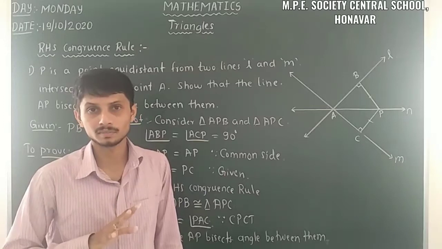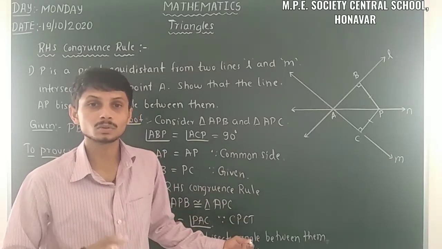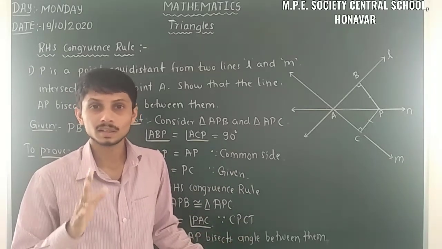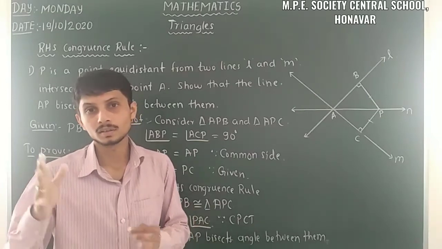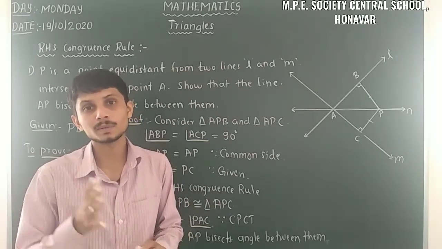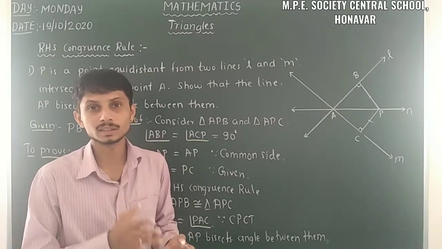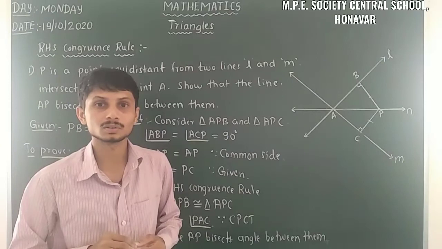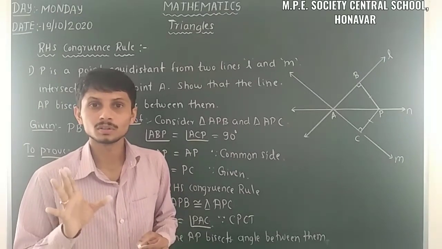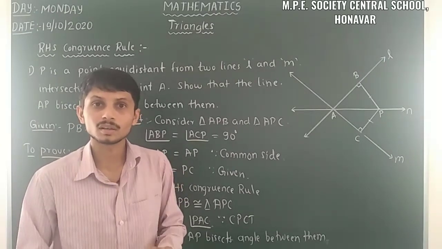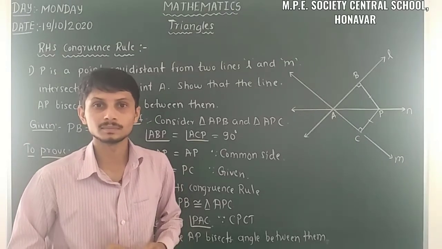But in the RHS congruence rule, we must take the right angle triangle. That's why the SS congruence rule can't become the RHS congruence rule, because it is a condition that in the RHS congruence rule, we have to take a right angle triangle only.